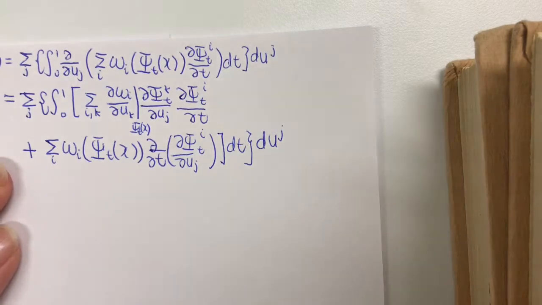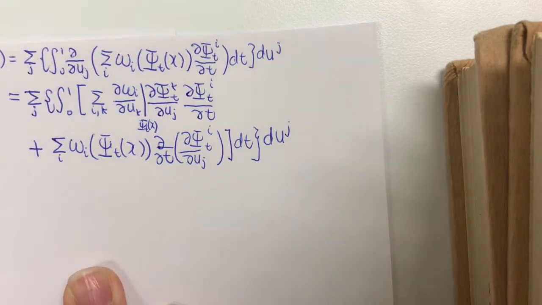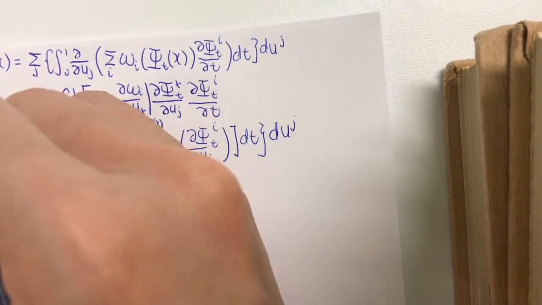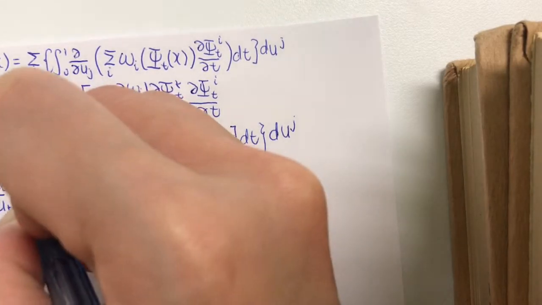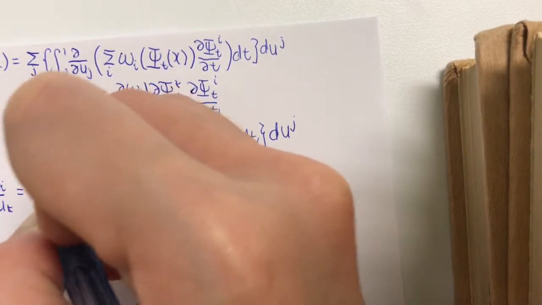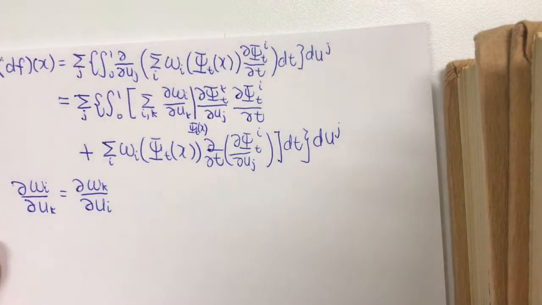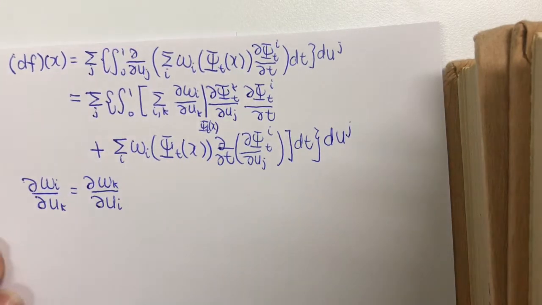Okay, and then since previously we defined omega to be a closed one form, we would have the following expression for any i or k.